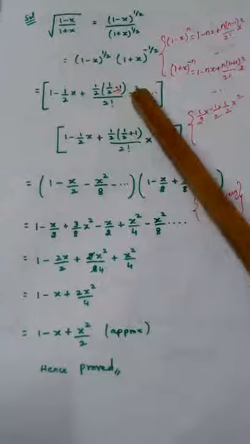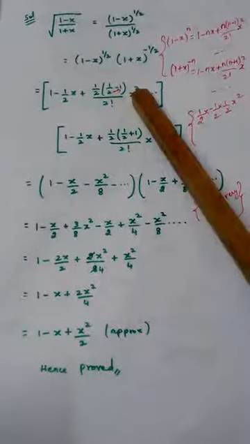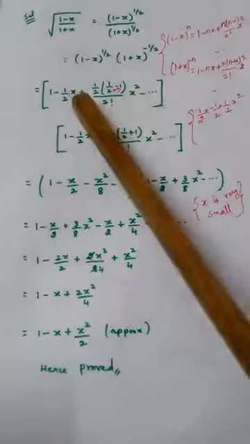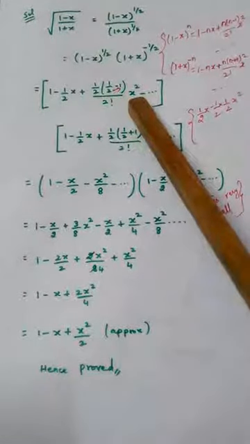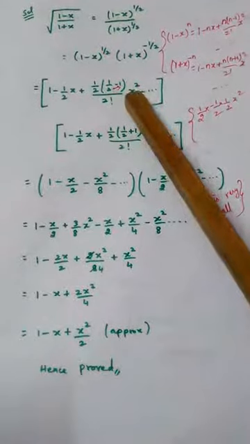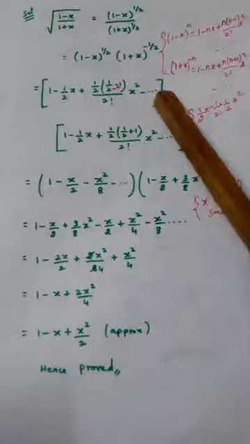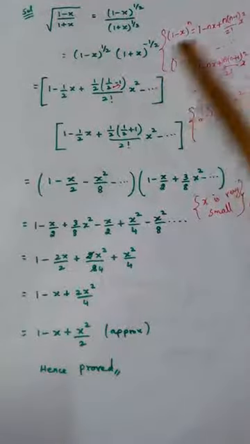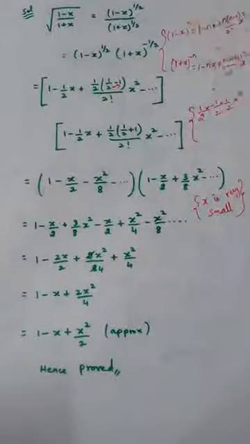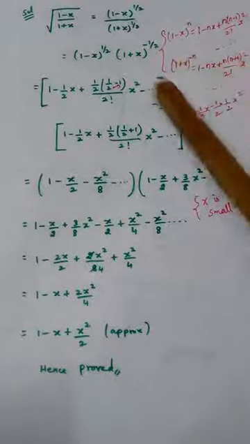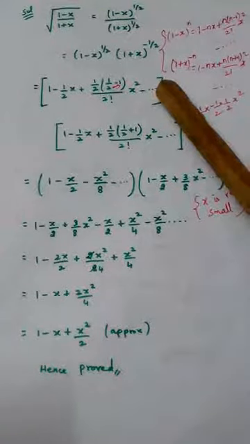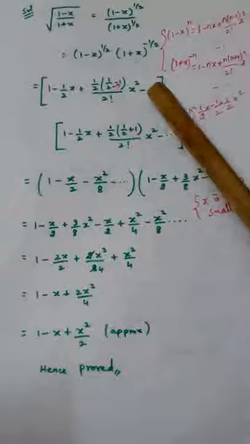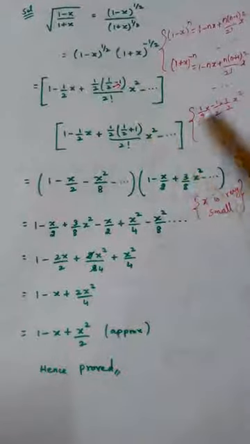So x square will be very, very small, right? If I square it, the answer will become still smaller. If I go for x cube, almost the value will become 0. So we are omitting the terms of x cube and higher powers. x cube, x power 4 and all will give almost an answer close to 0, so we are not writing the fourth term and all.